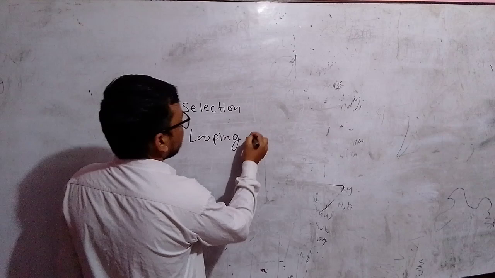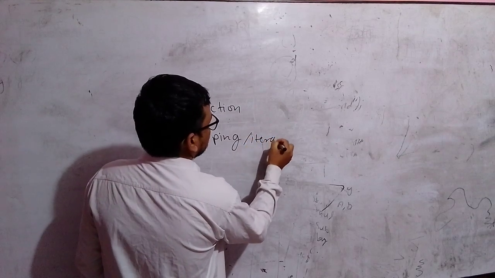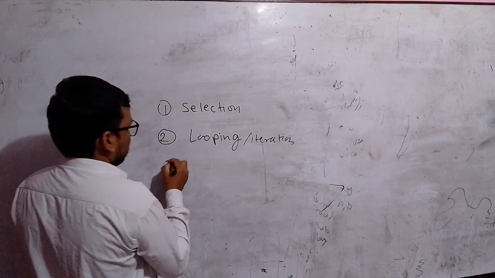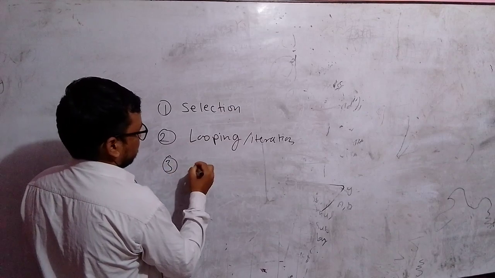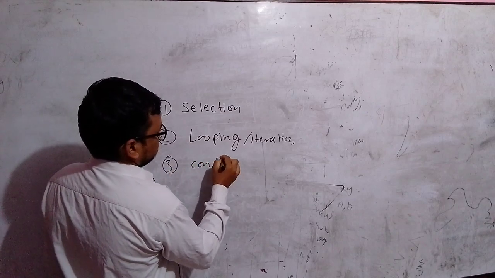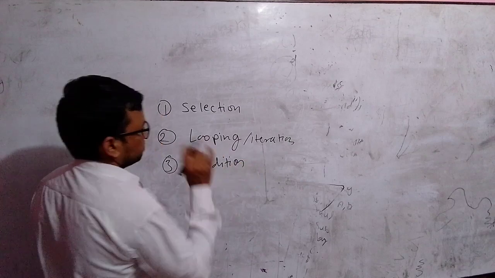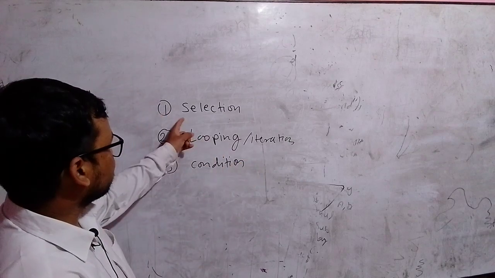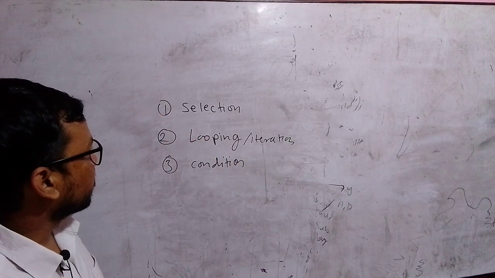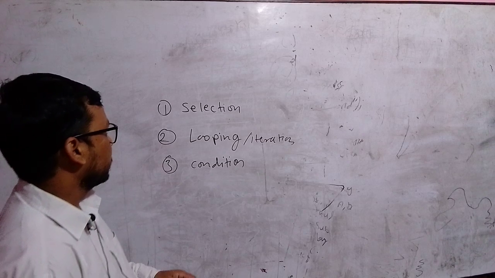Looping is also called iteration. The third one is condition. Let me describe each one by one.